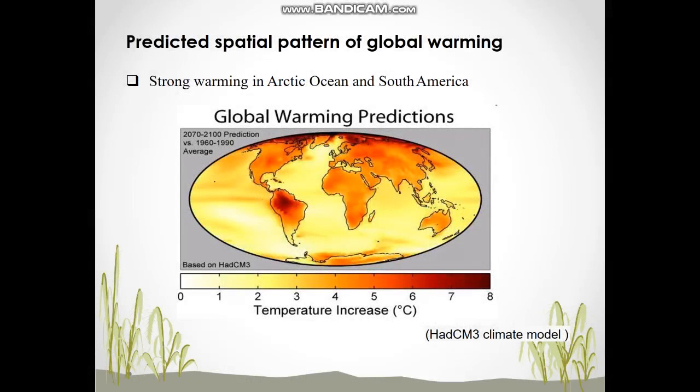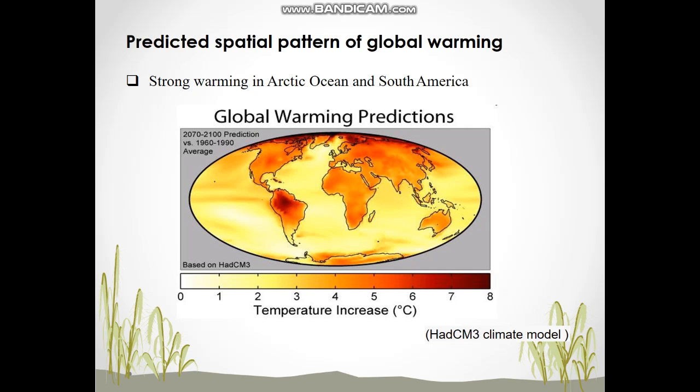This map shows the prediction of global warming across the globe between the years 2070 and 2100 relative to the average temperature from 1960 to 1990. So 30 years in the future temperature was compared with 30 years in the past temperature as baseline.